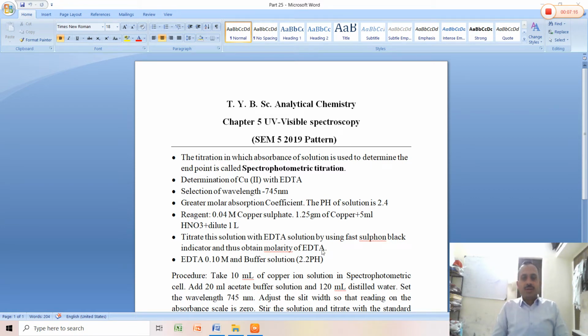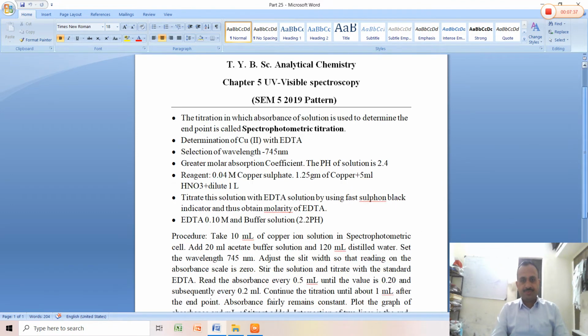The prepared solution is titrated further with EDTA to get the molarity of EDTA. So EDTA is 0.1 molar and the buffer solution pH 2.2 is preferred.